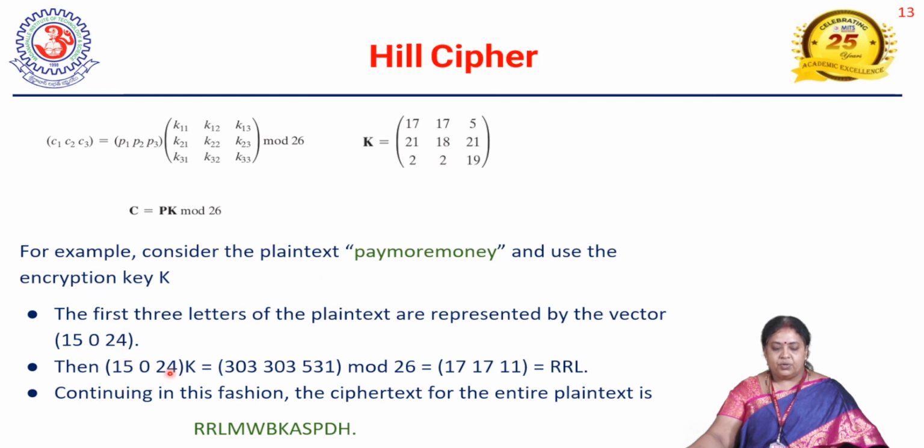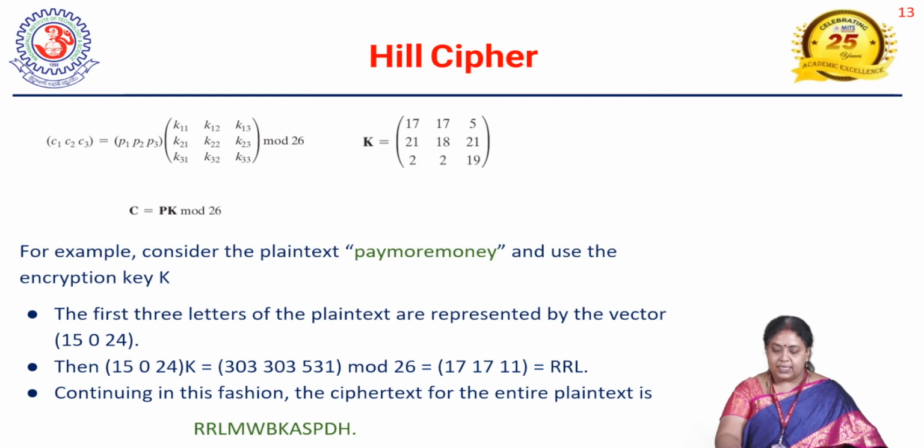Then you have to multiply with K. When we multiply with K, we get this one, and this we call the ciphertext, 17, 17, 11. That is equivalent to RRL here. Like that, we complete the entire plain text into ciphertext. We are substituting these plain text characters with ciphertext characters.